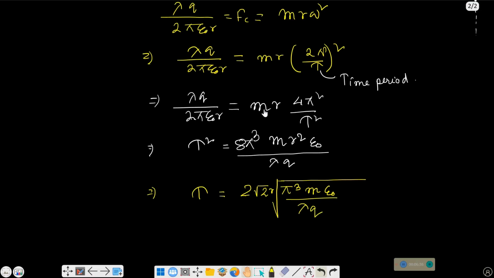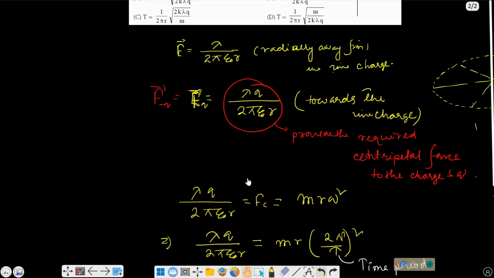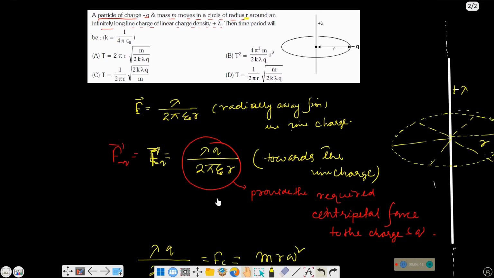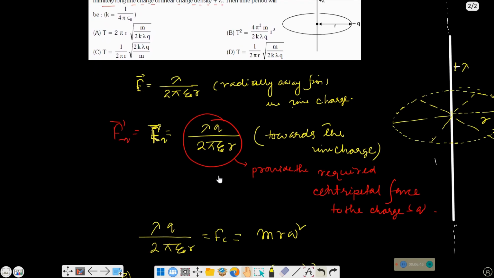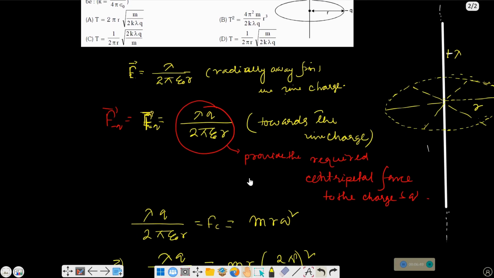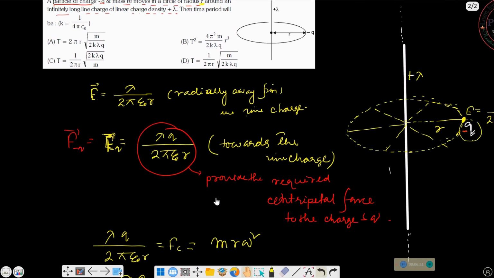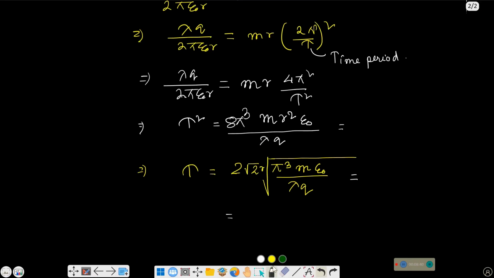Okay, so the time period is given in terms of what? Let me see. This will be the correct answer, T square equal to m r. This is also okay. This is an answer, but it is not there in the options. So in order to match the options, we need to go the other way around.